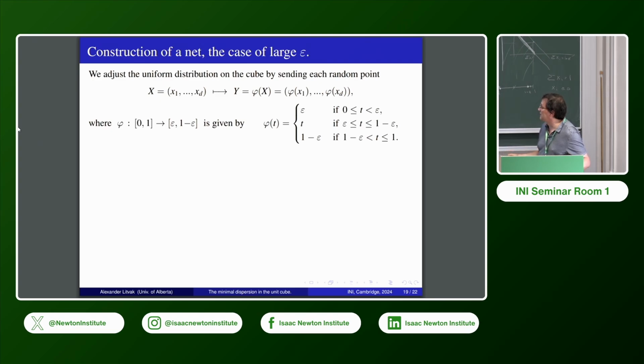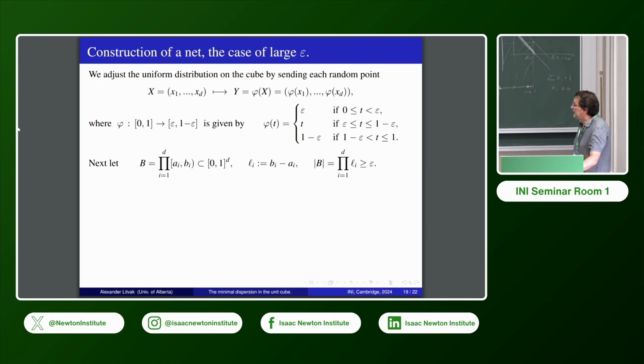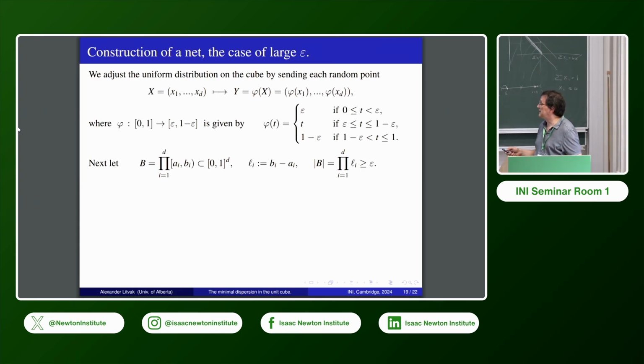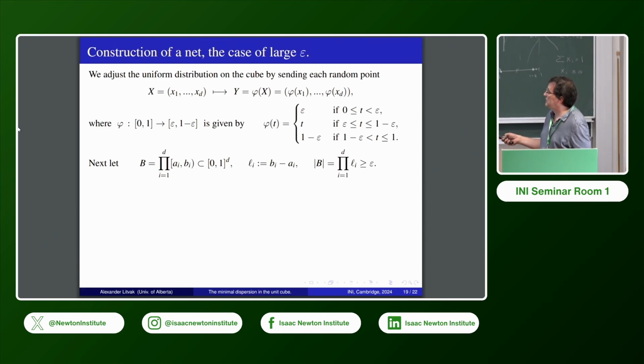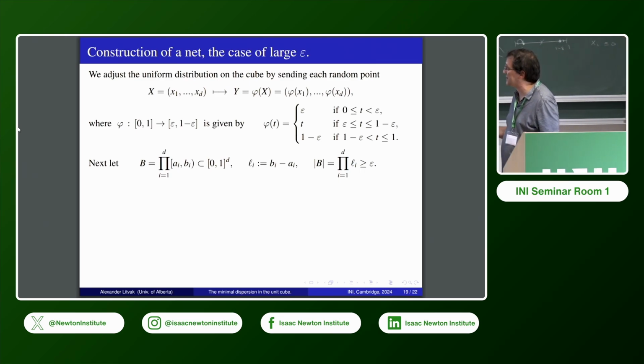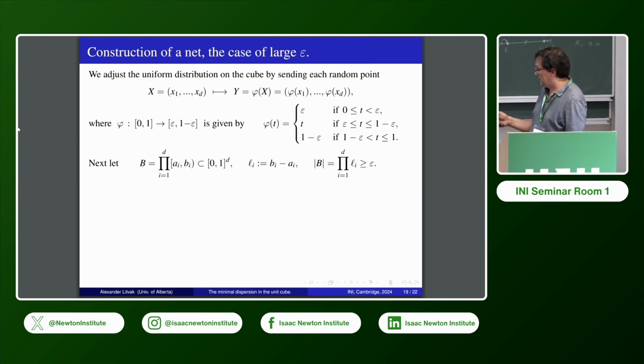So formally it's written here, the functions that we use. And why it helps, also because of the second argument here, is that whenever I have a box of volume epsilon, the volume of the box is the product of lengths. It's essentially the step why I need epsilon relatively large with respect to dimension. Because if the product here is larger than epsilon, I know that it's impossible that many of them are small.